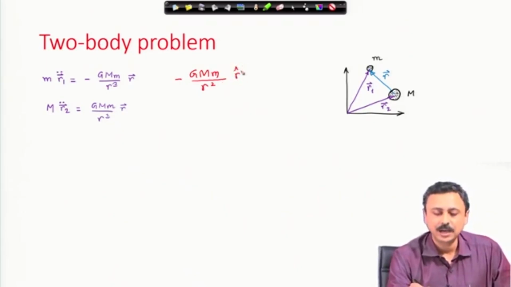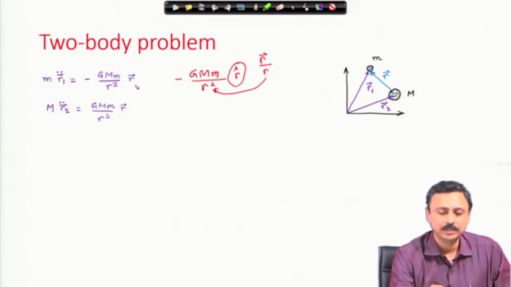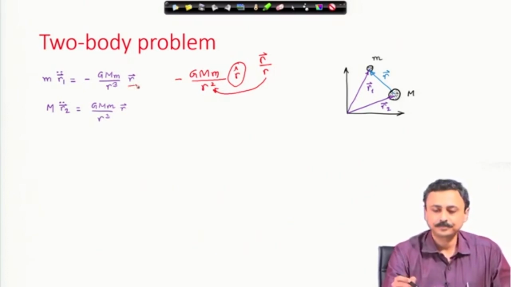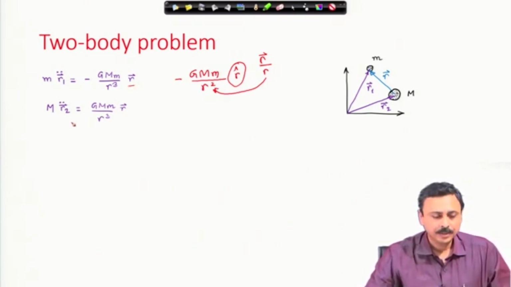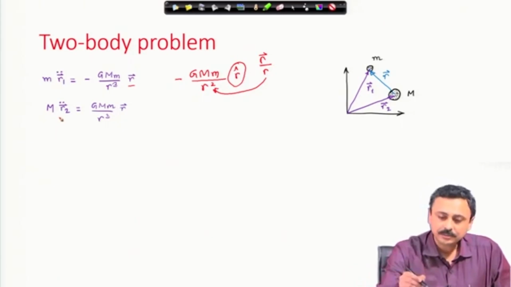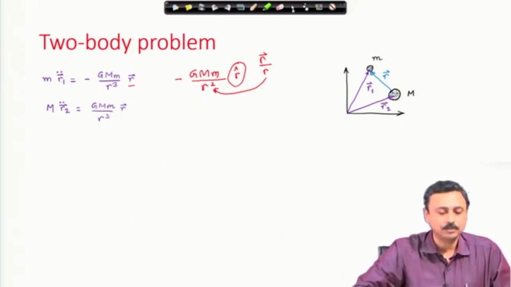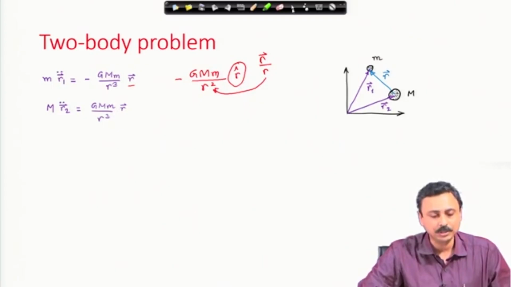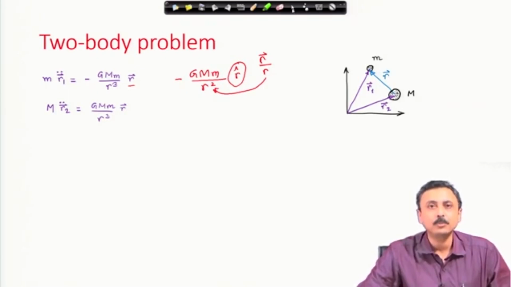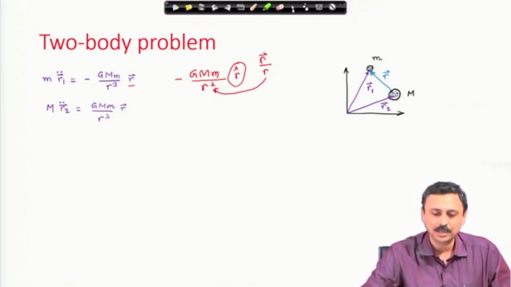Now this unit vector r I am writing as r vector by r, and this r gets coupled here to give me r cube, and this vector r sits here. Similarly, for the uppercase M mass, it is capital M times r2 double dot is equal to G M m by r cube into r vector, because of equal and opposite forces acting on these two mass points.